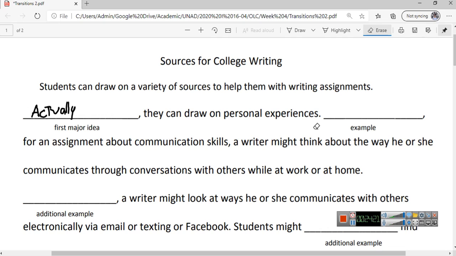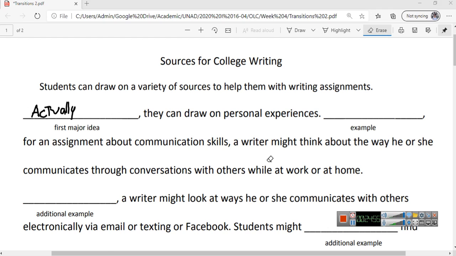Additional example, maybe in another hand, additional example. Although, no, although is for contrast. You need to give an example. So make a transitional phrase.